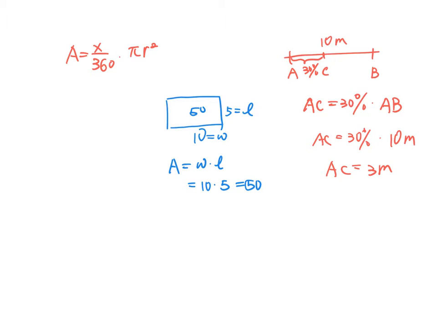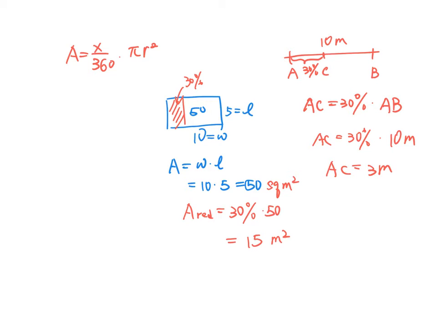Now, if I change my color and I say I want to know just this slice, and I tell you that this slice is 30% of the total area, then the area for red is 30% times 50, in square meters. So 30% times 50 would give me 15 square meters. It's a percentage question.